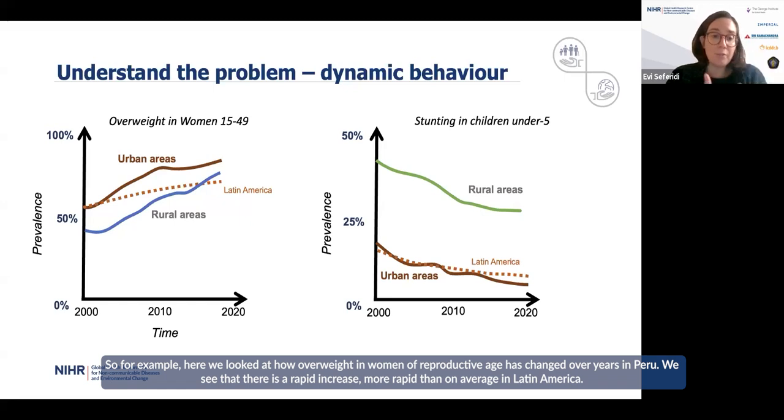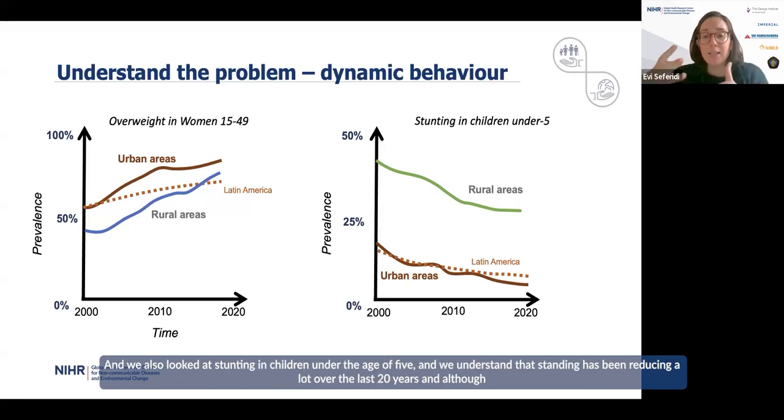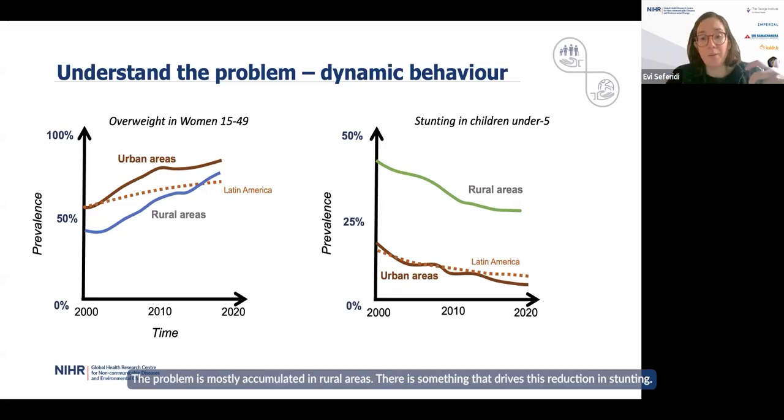We see that there is a rapid increase, more rapid than on average in Latin America. And we also looked at stunting in children under the age of 5, and we understand that stunting has been reducing a lot over the last 20 years. And although the problem is mostly concentrated in rural areas, there is something that drives this reduction in stunting. So the first step is to describe the problem by looking at how it changed over time.